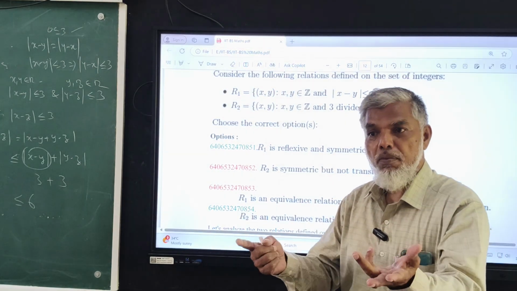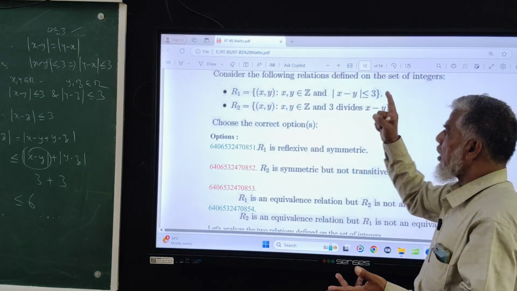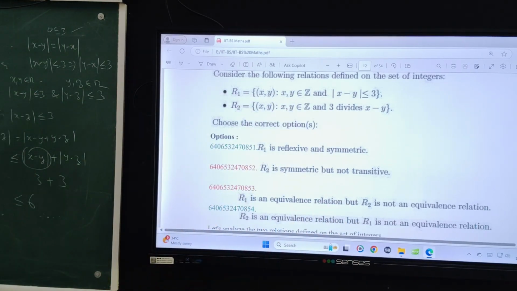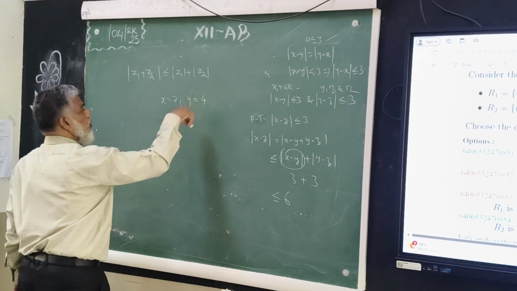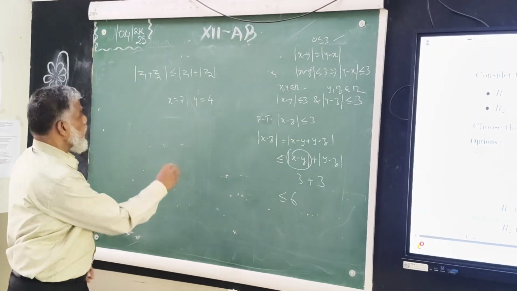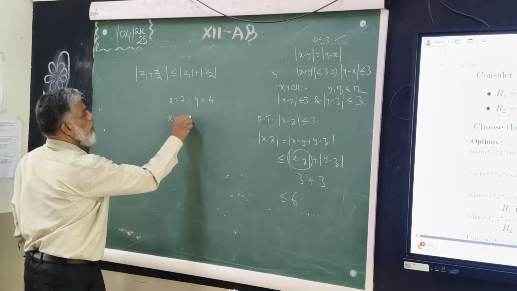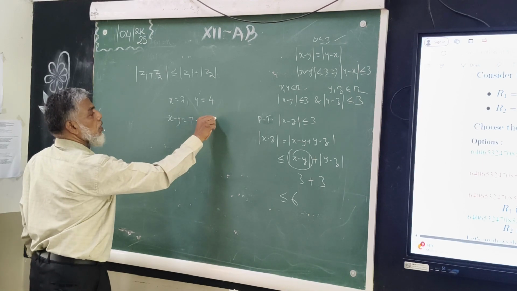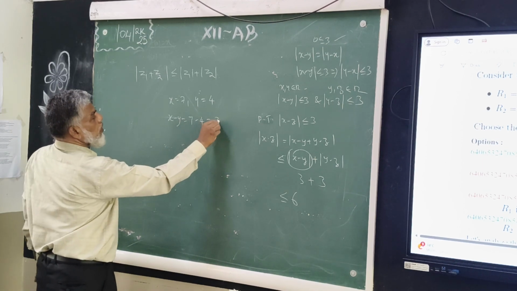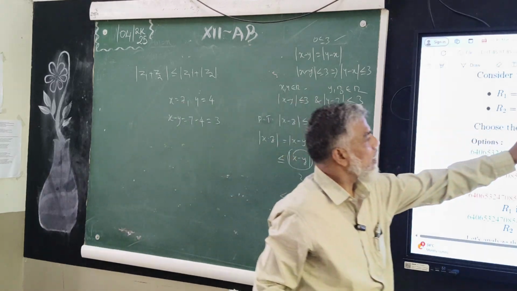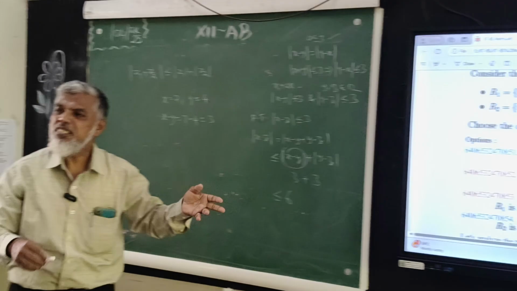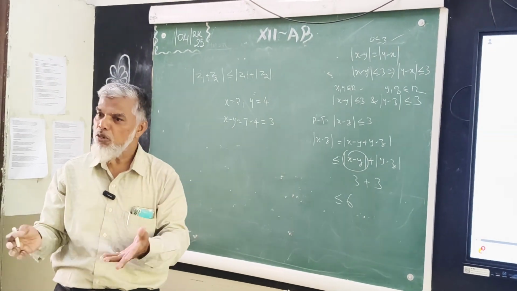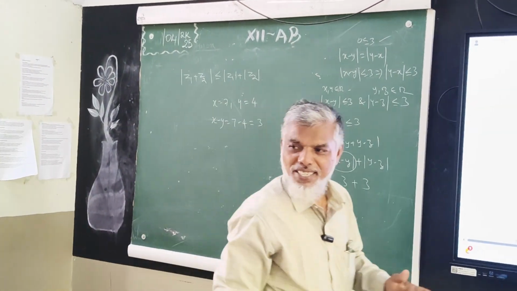For example, if x is 7 and y is 4, x minus y is 3, so 3 divides it. If you reverse it, you get an extra minus sign, and minus 3 is also divisible by 3. So it is symmetric.